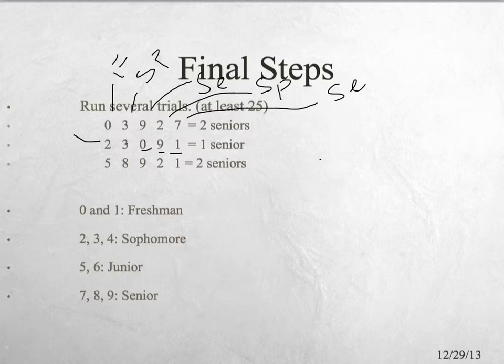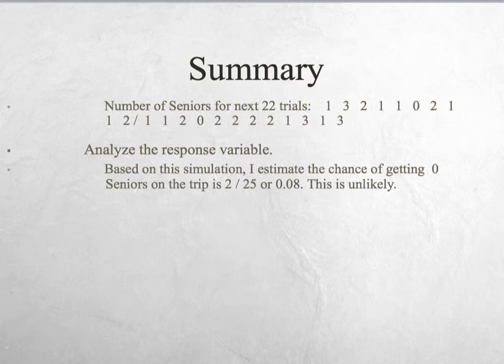And then you can do what I've done in the next one. I can summarize how many seniors I got in the next 23 trials. Okay, so I've done 25 trials, and I just wrote down how many there came. I want to see what you did when you run your simulation, so I want to see what was there.